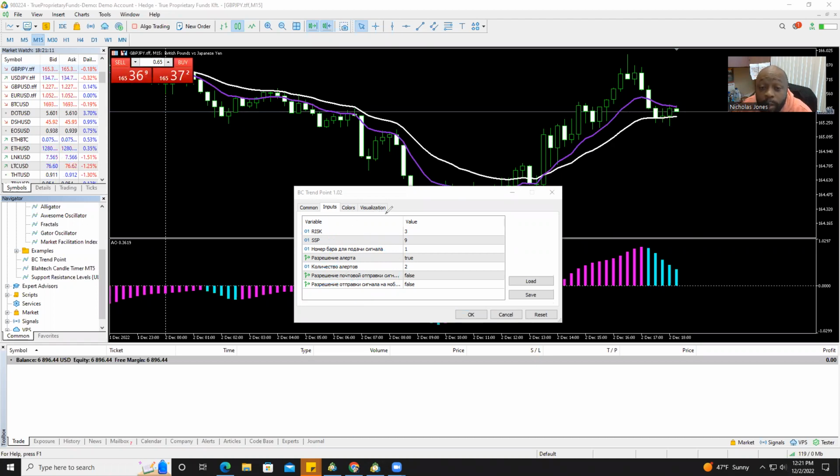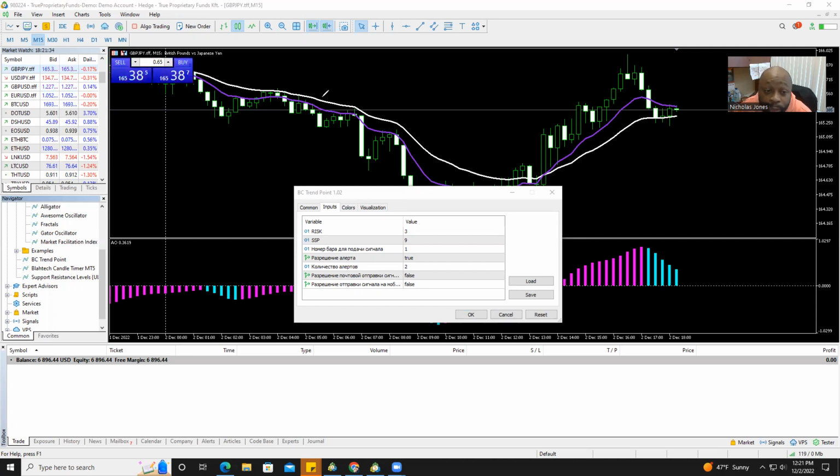But what you're going to do here is maximize your entries and make sure that you're making correct choices when you enter the market. You're going to add the BC trend point to this strategy. So you can take these trades without the indicator, but you can also take these trades with this indicator, right?